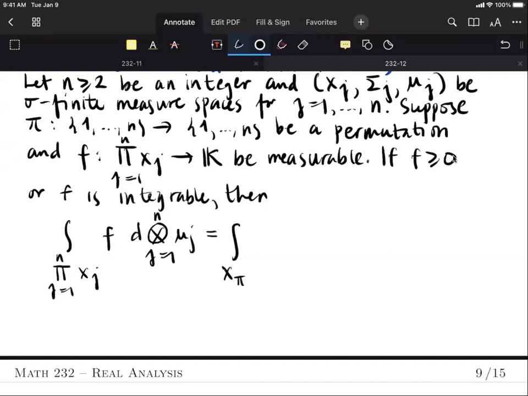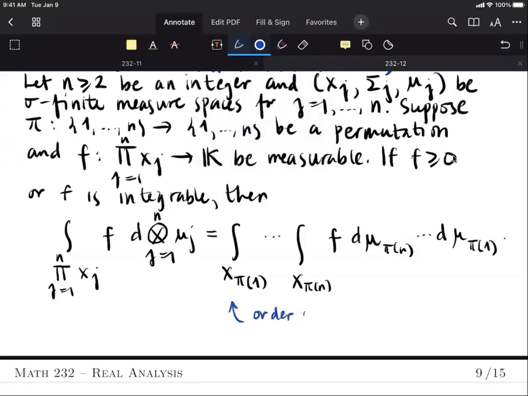So first you take the image with respect to the permutation pi of 1 up to the last image of the permutation. And you have this iterated integral. And this is the same. So this simply means that order of integration does not matter.